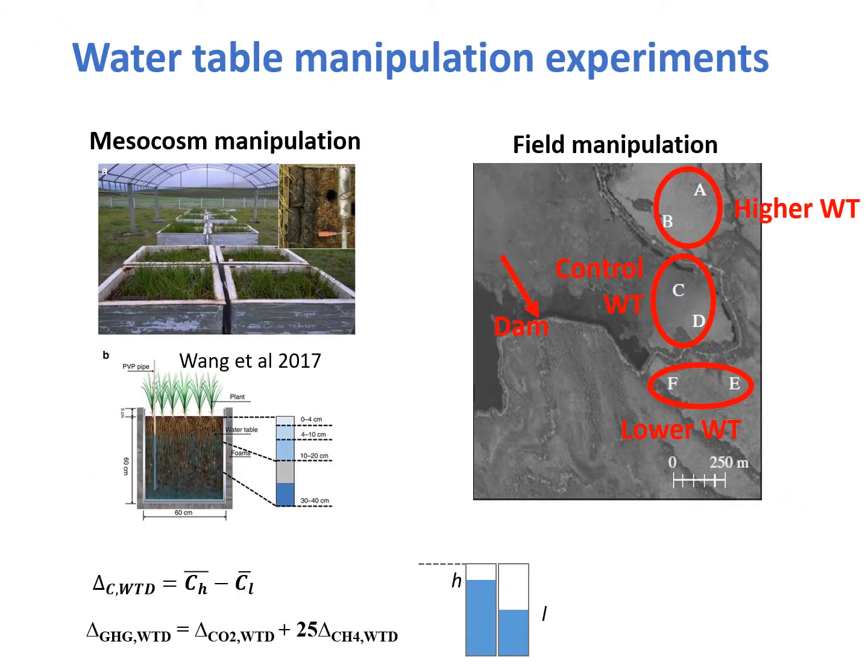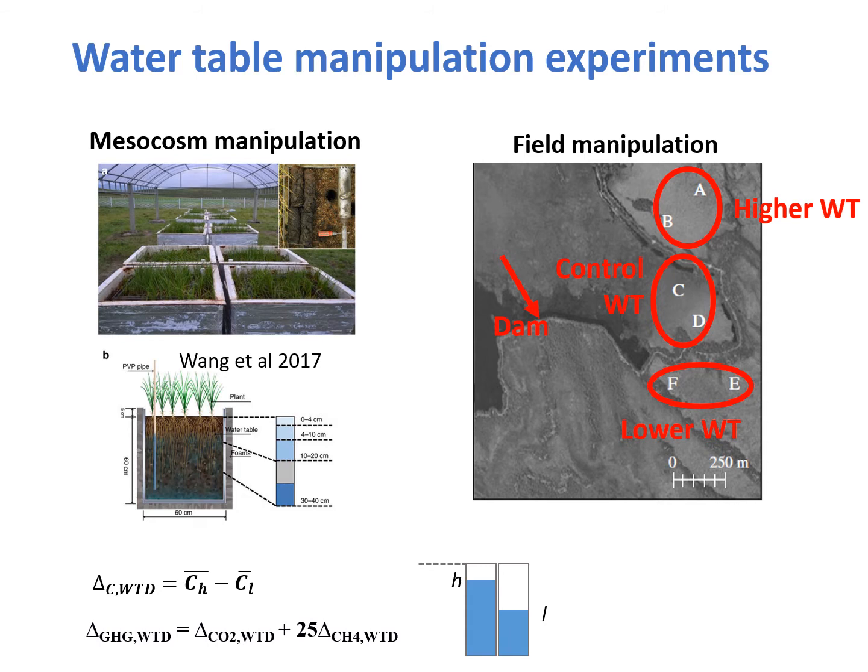To look into the impact of water table drawdown on greenhouse gas emissions across global peatlands, we studied water table manipulation experiments. In those experiments, we change only the water table depth and record the response of greenhouse gas emissions. We keep factors other than water table depth as close as possible.